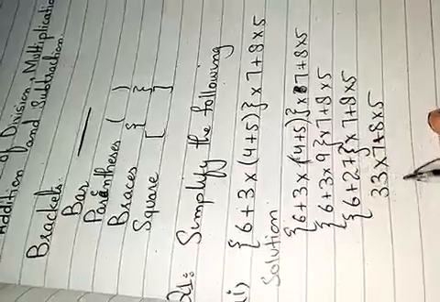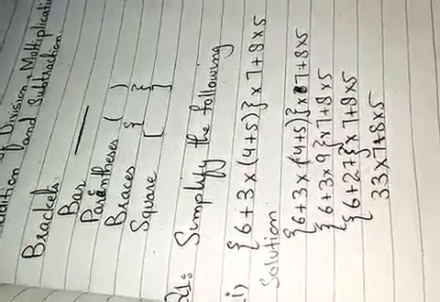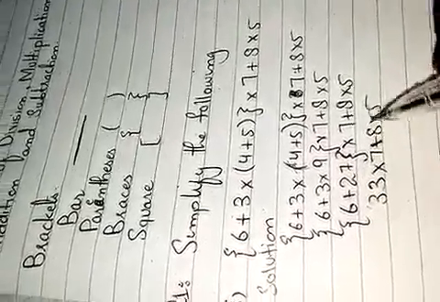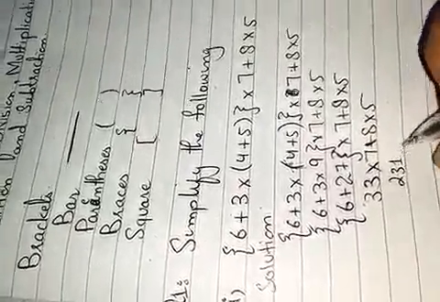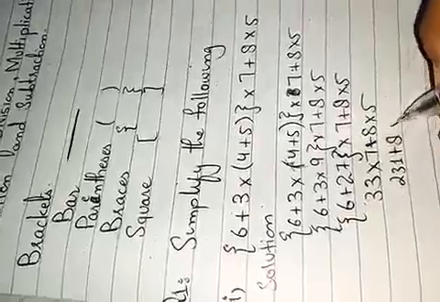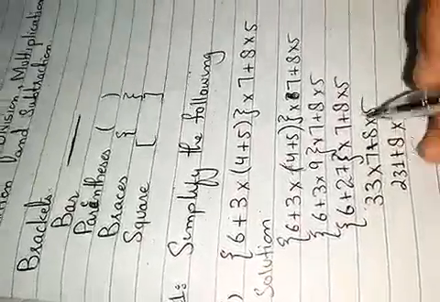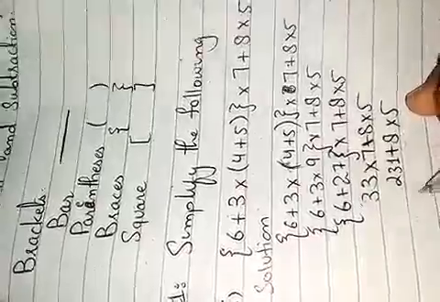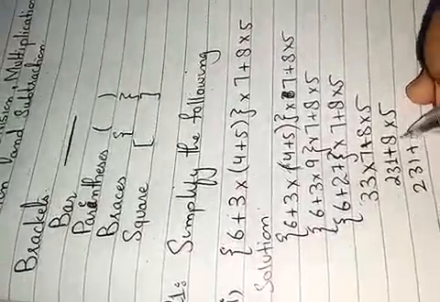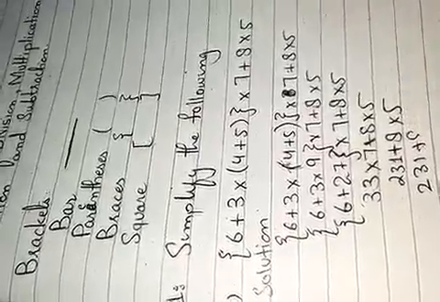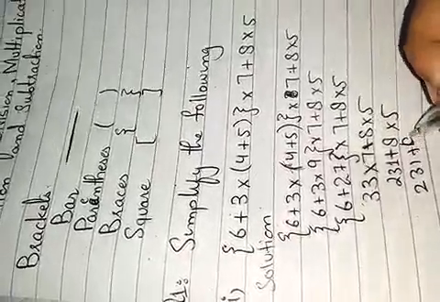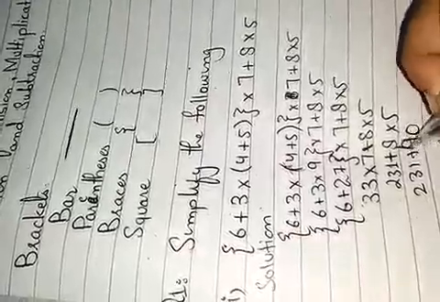First we solve this first multiplication, 33 multiplied by 7. 33 multiplied by 7 is 231 plus 8 multiplied by 5. We write 231 plus 8 as it is, because we need to solve 8 multiplied by 5, and 8 5s are 40.